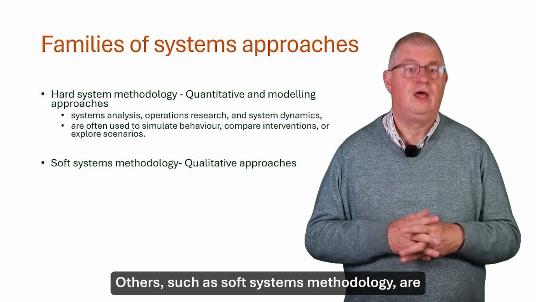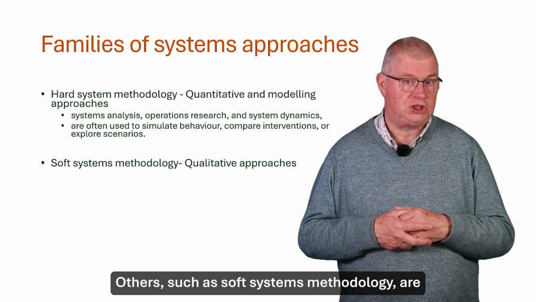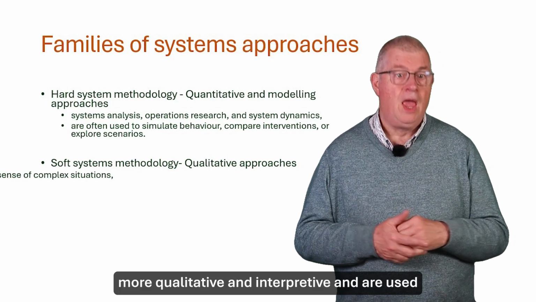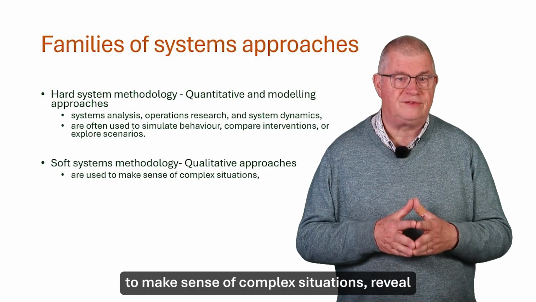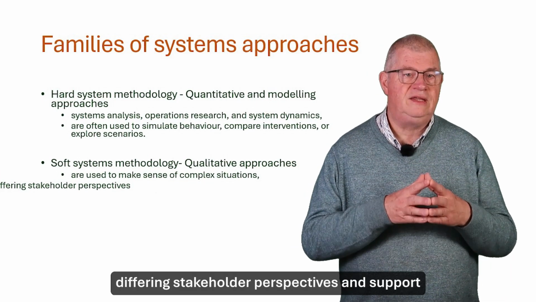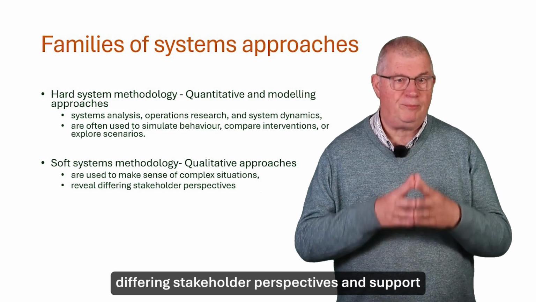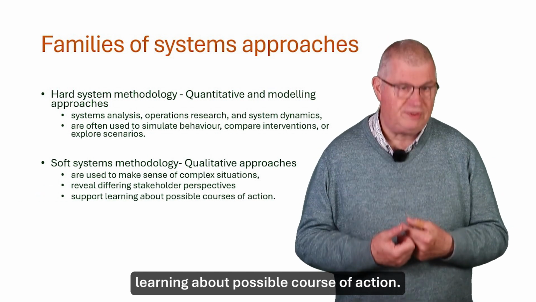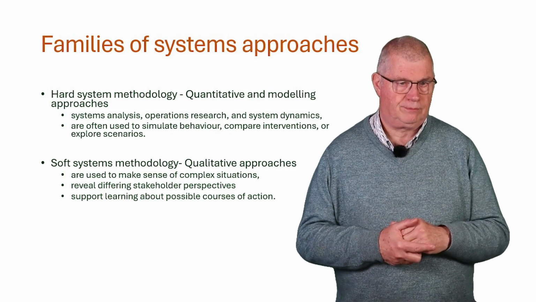Others, such as soft systems methodology, are more qualitative and interpretive and are used to make sense of complex situations, reveal differing stakeholder perspectives, and support learning about possible courses of action.